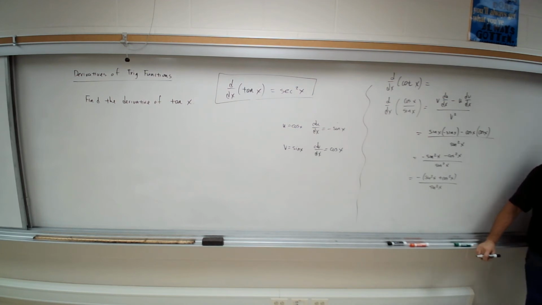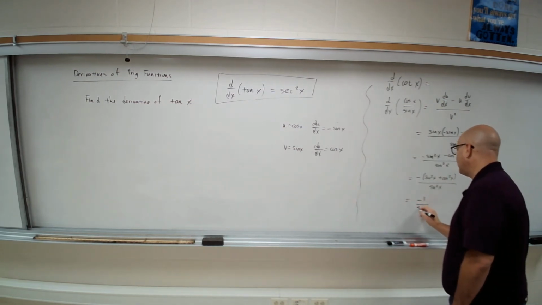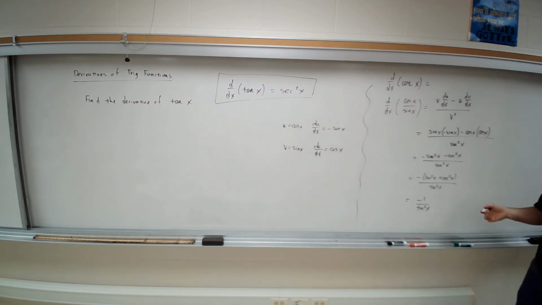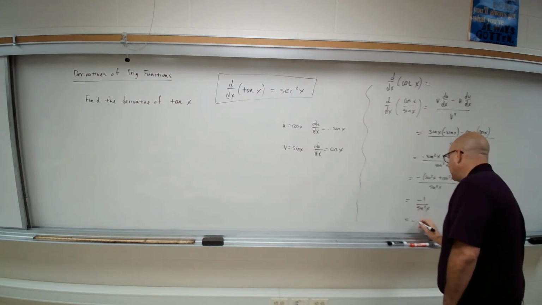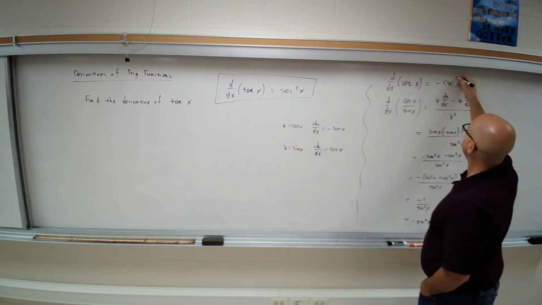And really, that's the one big identity that we want to be familiar with. So then that just becomes negative 1 over the sine squared of x. Instead of writing it that way, we're going to say that is the negative cosecant squared of x. So negative cosecant squared of x.